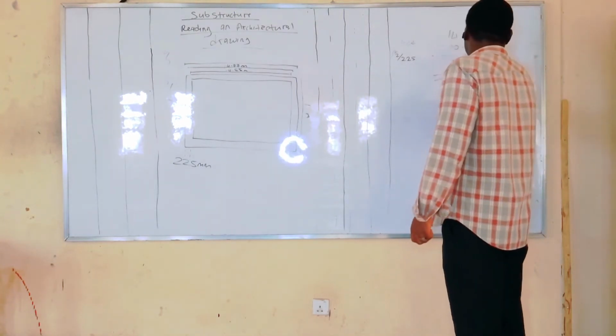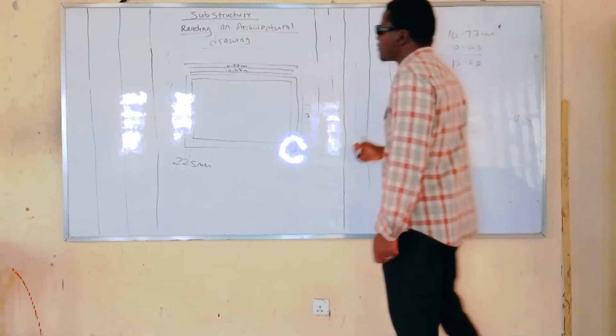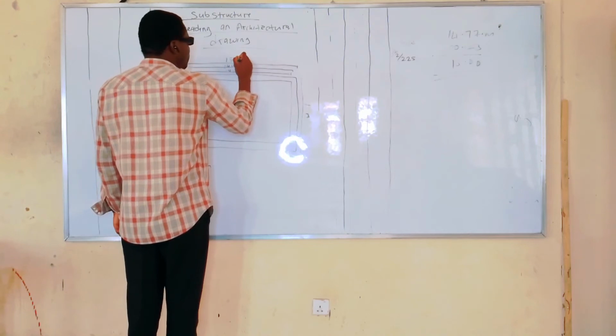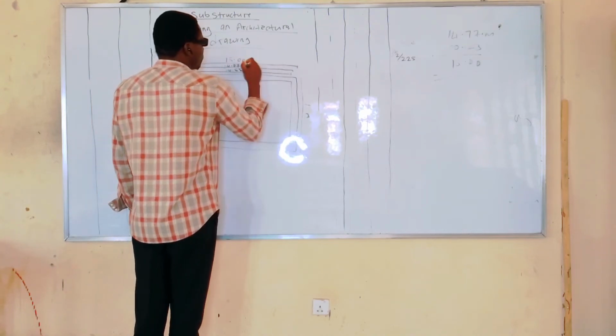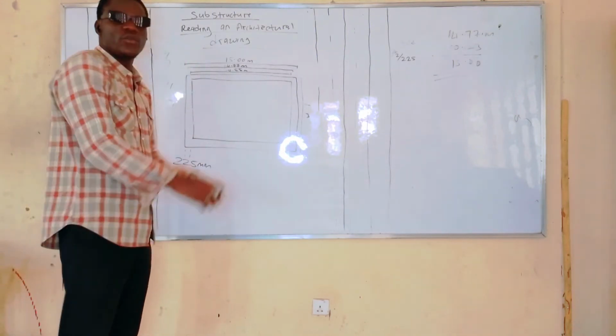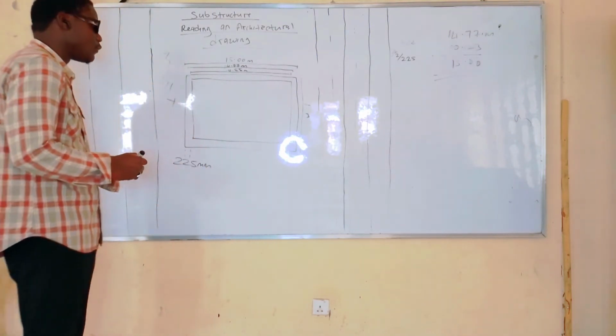That's 15.00 meter. So that's the way you extract dimensions from your plan.